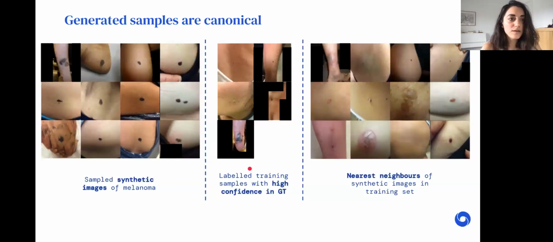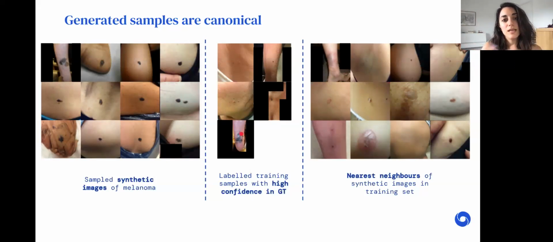So here what we're showing is that we are able to generate canonical images even if only a handful of examples are available that were rated with high confidence. So for this condition, we only got 5 images out of the whole training set that had high confidence, in the sense that we had multiple raters ranking conditions, and then we aggregated those sets of diagnosis across the labelers.